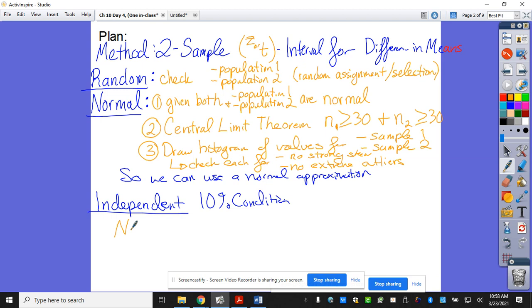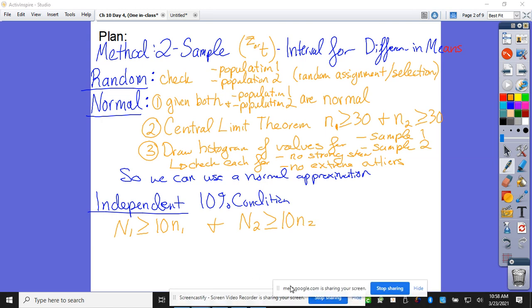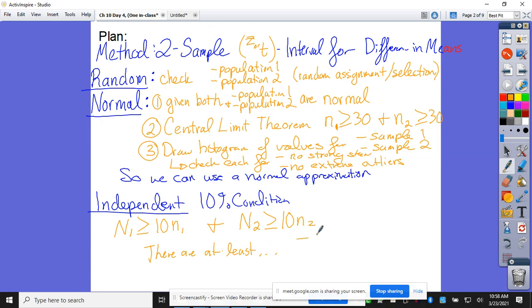One of the answers in the textbook about this chapter says this. So N1, write this however you have been. This should be the same as our last two. There are at least ... and population 1 and population 2. This should be different numbers. Again, keep it with however you've been doing it.